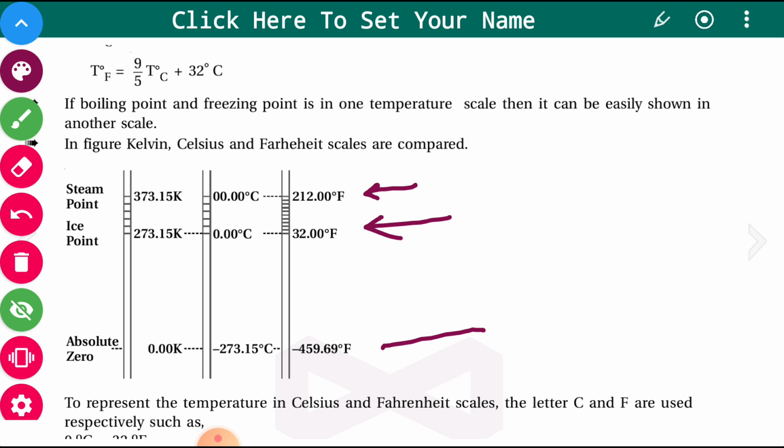Absolute 0 is also represented here: it is 0 Kelvin, minus 273.15 degrees Celsius and minus 459.69 Fahrenheit. That is absolute 0 for the different scales.